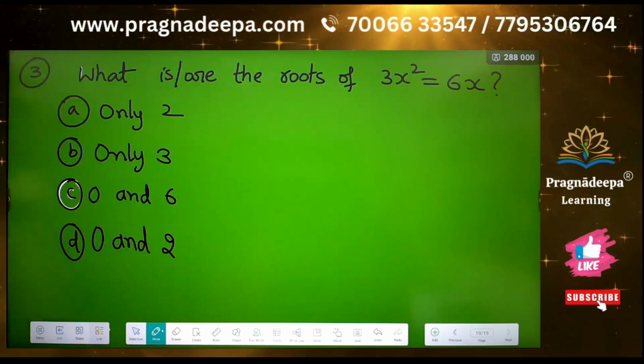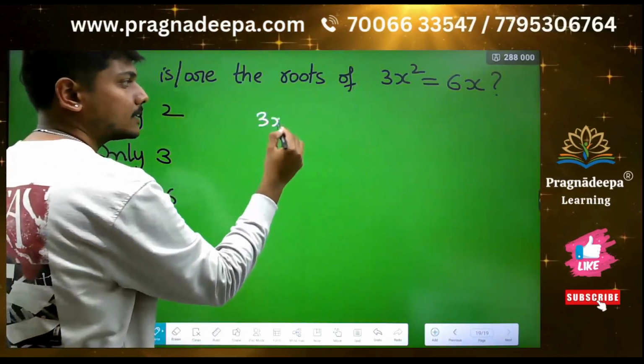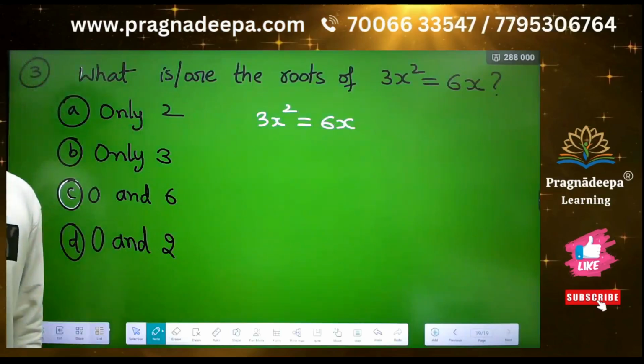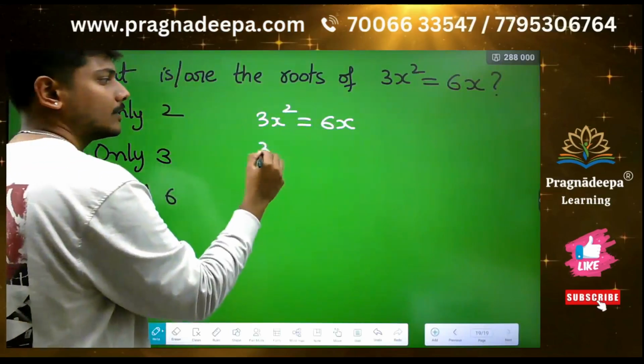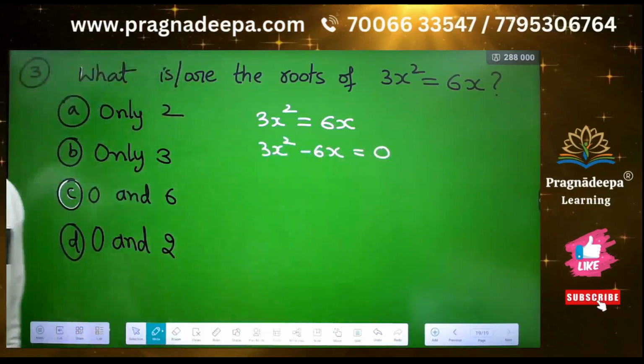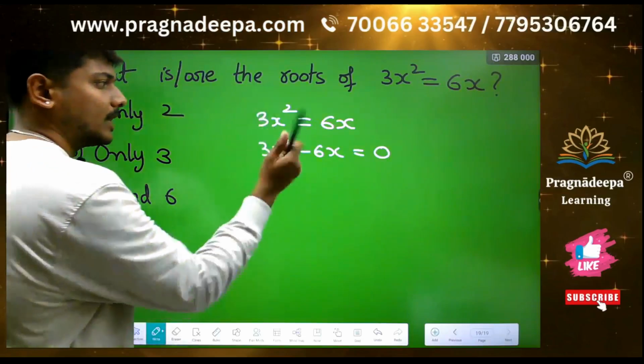Right? So observe here, they have given actually a quadratic equation, right? 3x square is equal to 6x. So if I write it in the standard form, it reduces to 3x square minus 6x is equal to 0, right? So it reduces like this. Or what you can do here is take common as the first step.